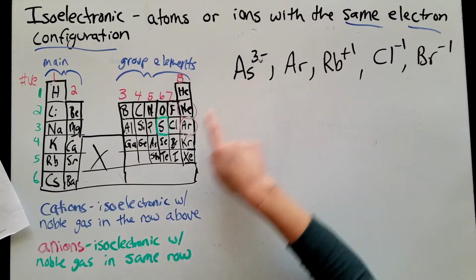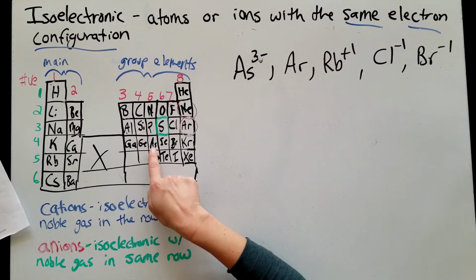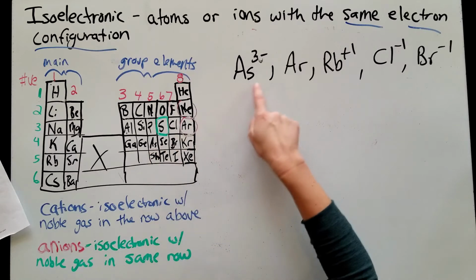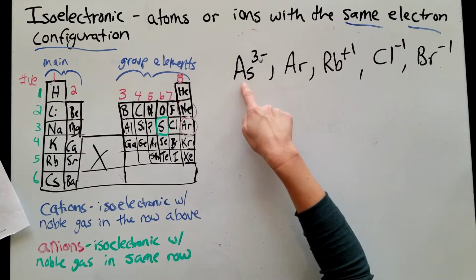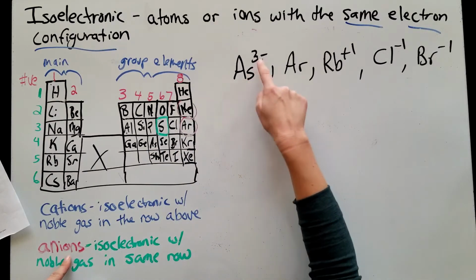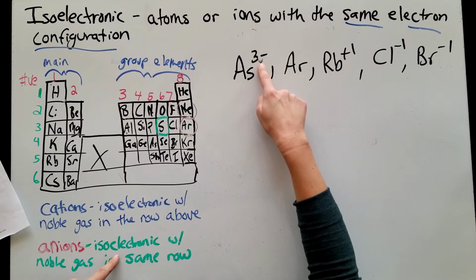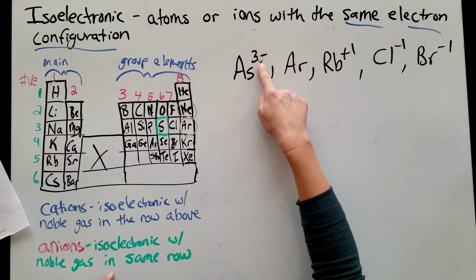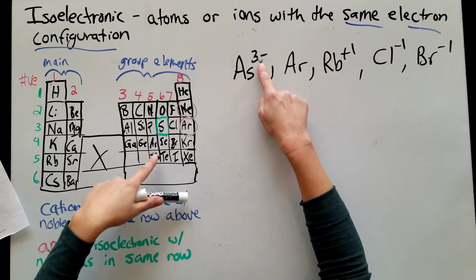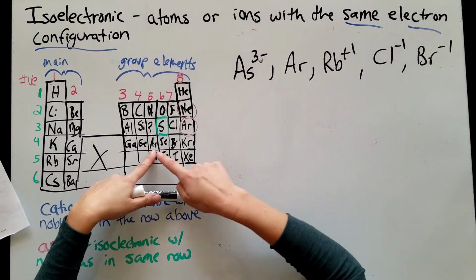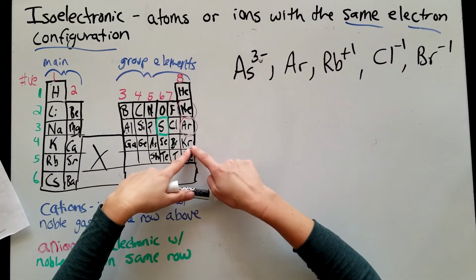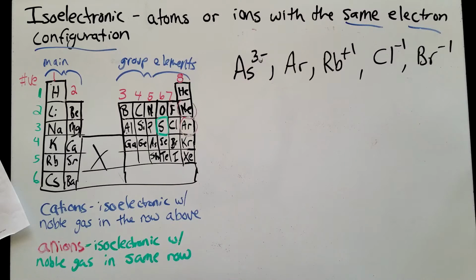Arsenic is right here in group 15. It has 5 valence electrons when it's neutral. Since arsenic is an anion, it's got a negative charge, it's isoelectronic with the noble gas in the same row. Arsenic's in row 4, so the noble gas in row 4 is krypton, Kr.